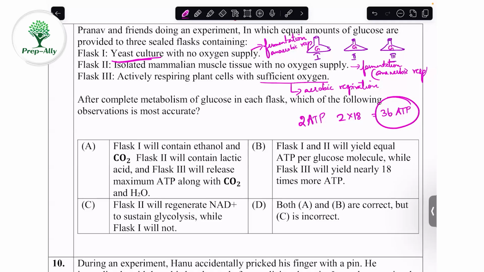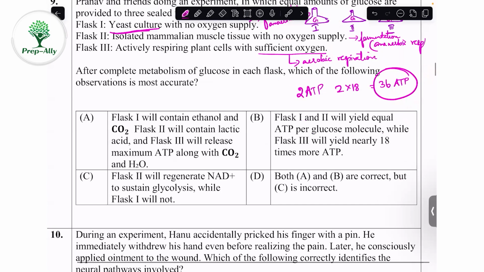Anyway, we'll check. The correct answer will be D. Anyway, we'll check this option C. Class 2 will regenerate NAD plus to sustain glycolysis while class 1 will not. So they are saying it will regenerate. This NAD formation happens in aerobic respiration, not anaerobic respiration.